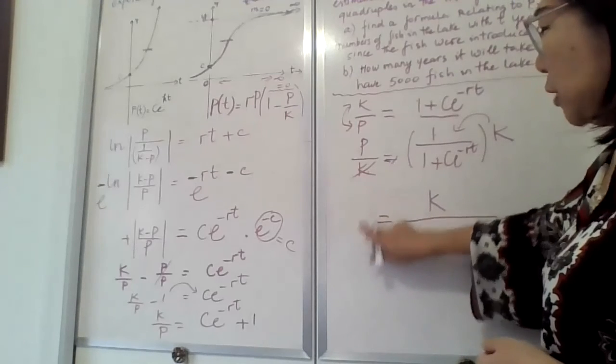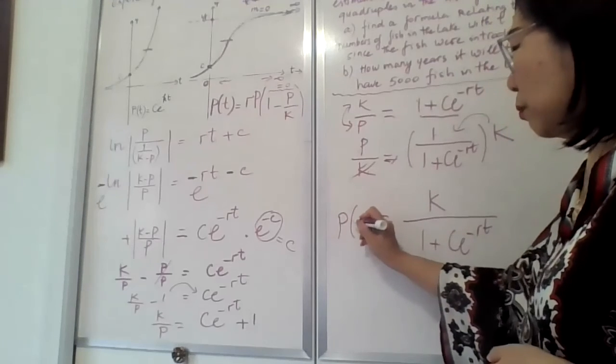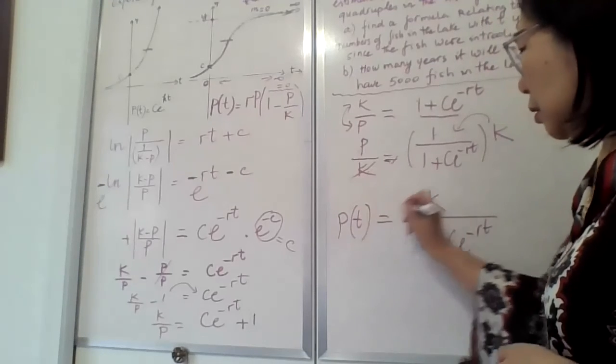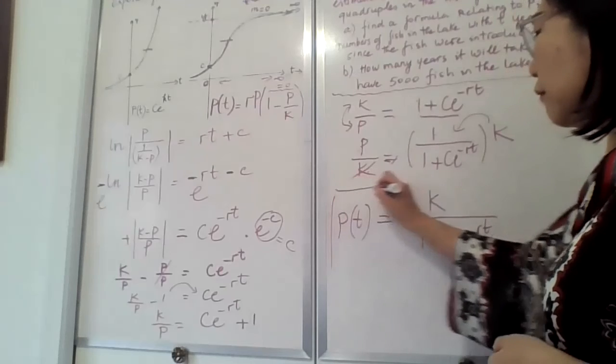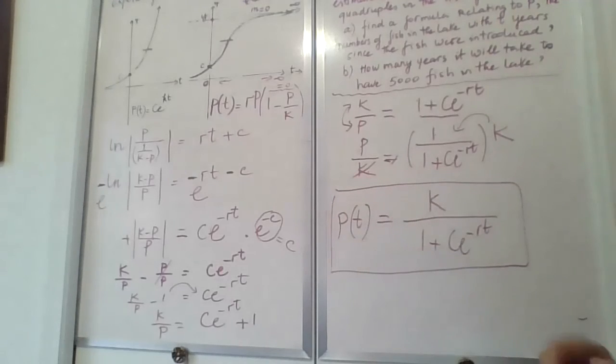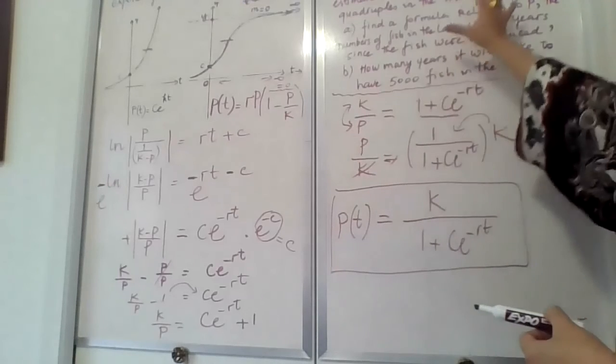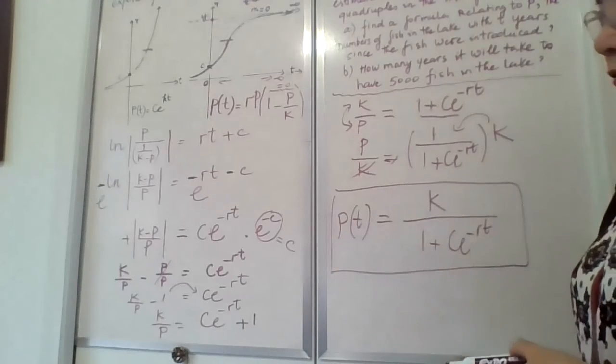And we can know that this function is actually the population p with respect to time. This is the formula of the logistic equation that allows you to calculate any problem like this easily.